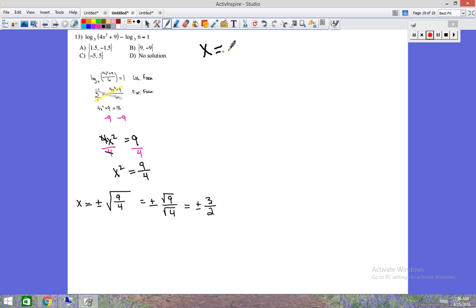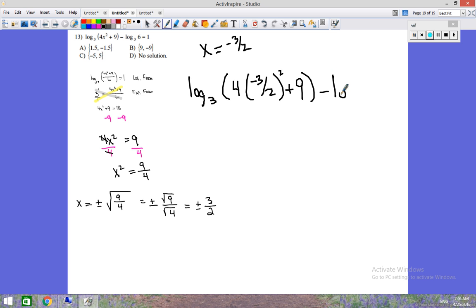So if we're checking negative 3/2, what do we have? Well, on the left-hand side, we've got the log base 3 of, and this negative 3/2 is going to replace x and it's being squared, so the negative 3/2 is squared. And we want to see if this subtraction problem reduces down to 1. Alright.